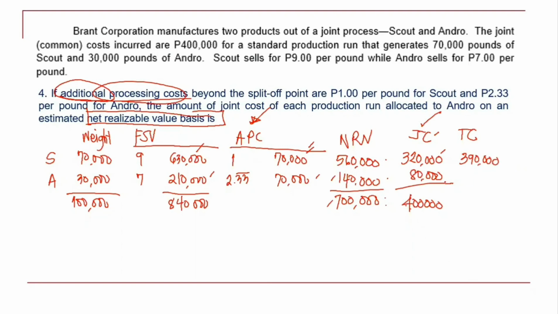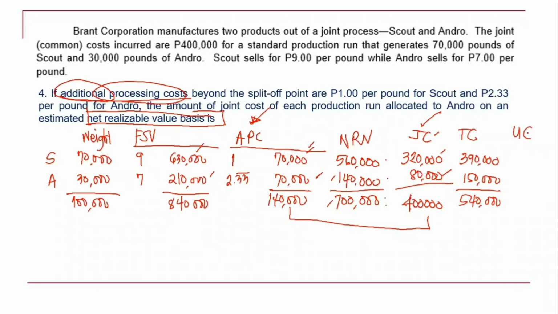At ang total cost natin for Andro, that would be 80 plus 70, 150,000. So ang total cost natin ay 540,000. Saan galing yun? Di ba total additional processing cost ay 140, tapos ang total joint cost natin ay 400. So ang total cost talaga natin ay 540,000.